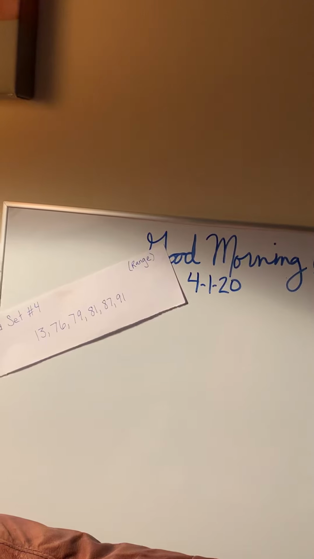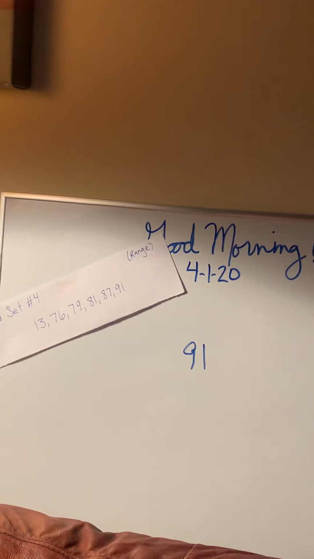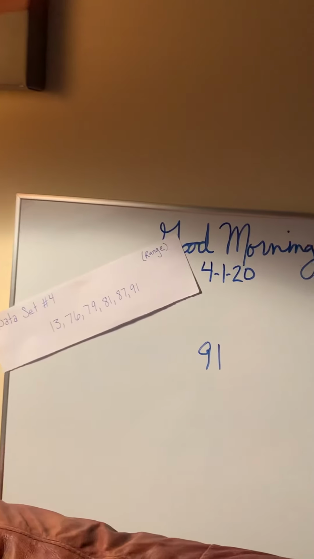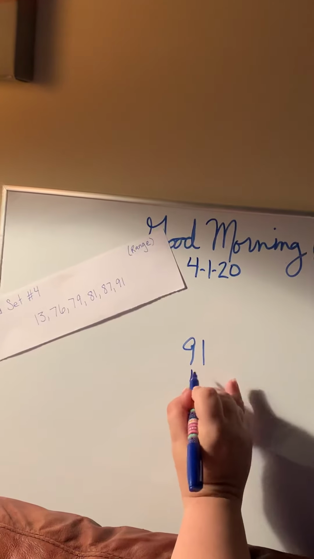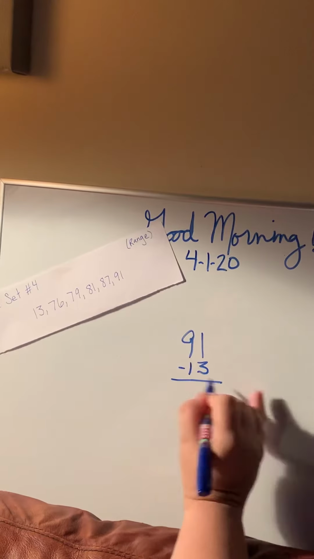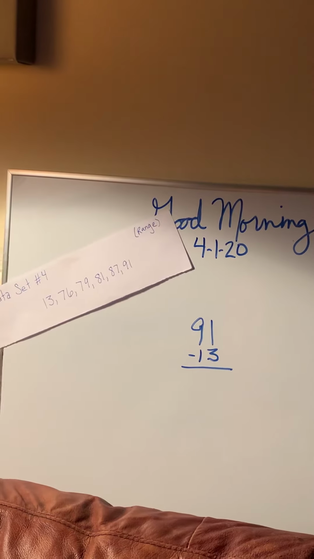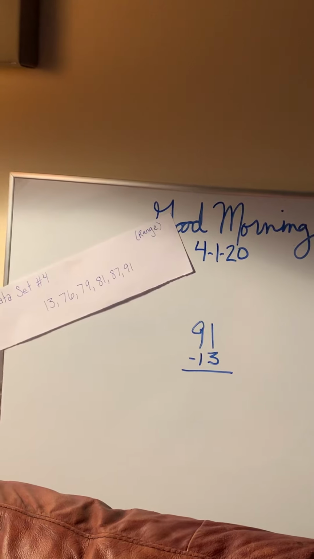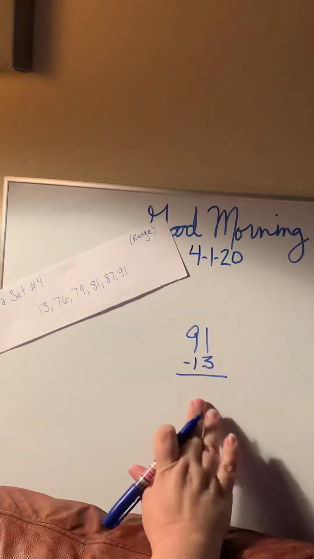The largest number in this set would be 91. You find the smallest number, okay? In this case, again, I've already put them in order, so the smallest number would be 13, and you're going to subtract, okay? Because what the range tells you is the distance between the biggest and the smallest number in your data set, okay?